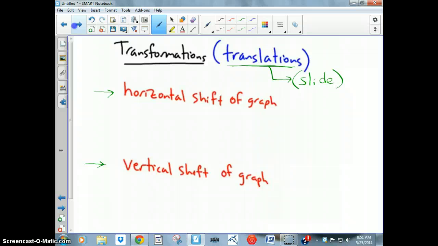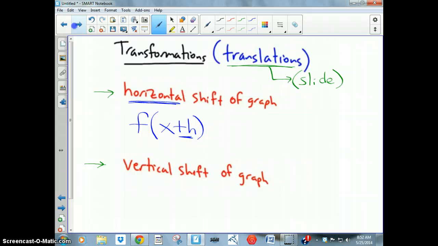Now, how does it work? Let's talk about horizontal shifts first. Whenever you take a function f that has the variable x in it, in order to shift a graph to the left, inside the parentheses next to the x, there is a number called plus h, whatever that is.